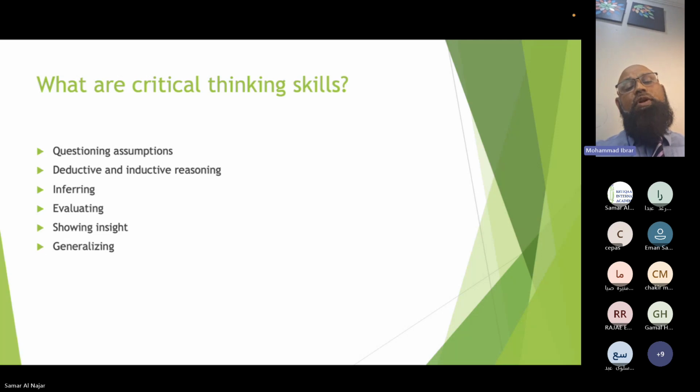But when it comes to inductive reasoning, it moves from a specific observation to something more general. Let me give you one example. If you eat spicy food for the first time and you have a stomach ache, Indians are known for spicy food, those who are not used to it may have a problem in the stomach.